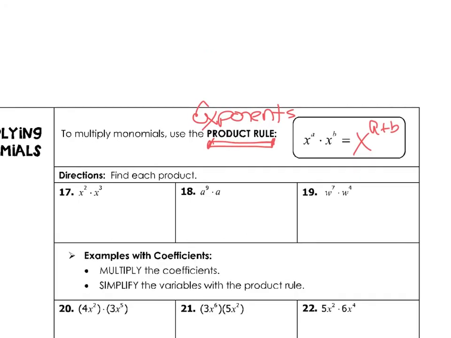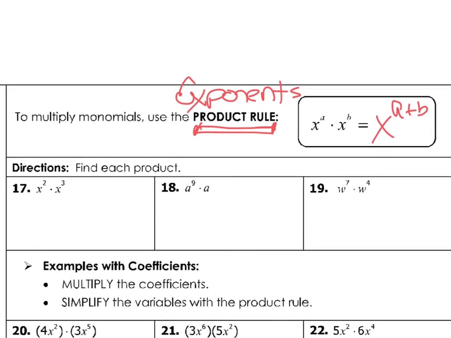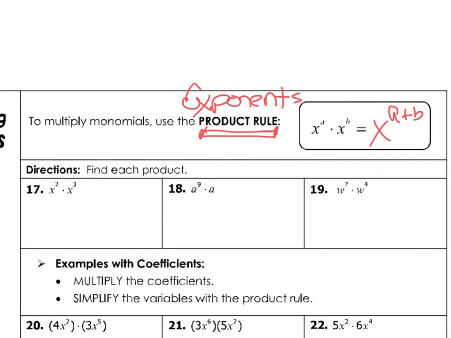Let me prove how this works, because a lot of times when I was learning this, I had to prove it to myself to remember which one I do. Do I add or multiply? So if I've got x squared, and I'm going to multiply it by x cubed, how do I write x squared in expanded form?